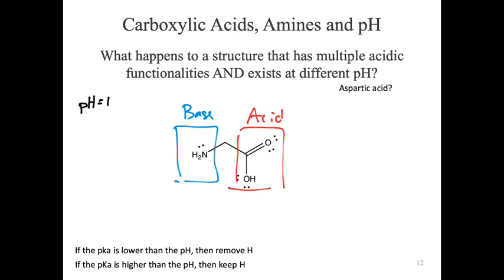What would you expect to happen to the acid? It would stay protonated. What should happen to the base? It should be protonated. Is it protonated already? No. This is one of the challenging things with the amine. How do amines react?